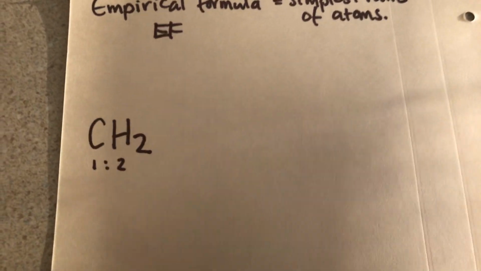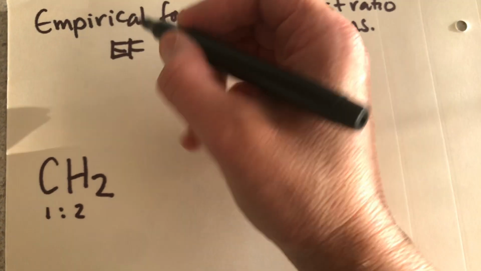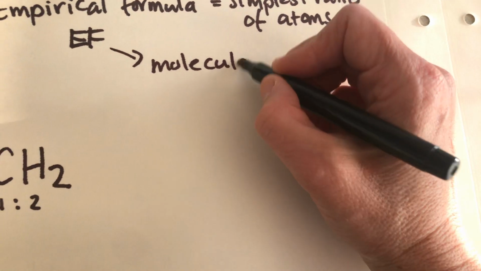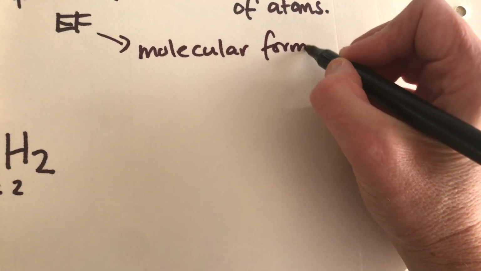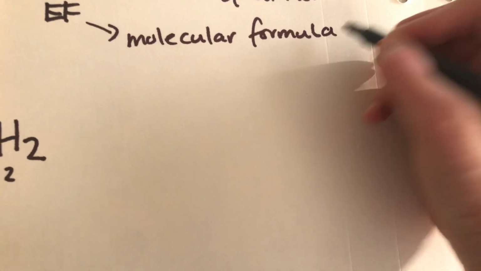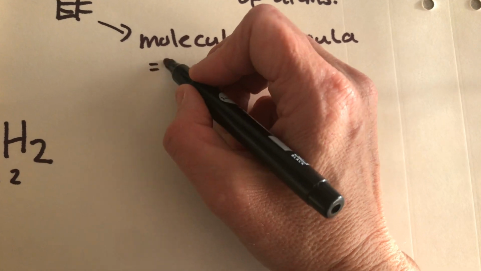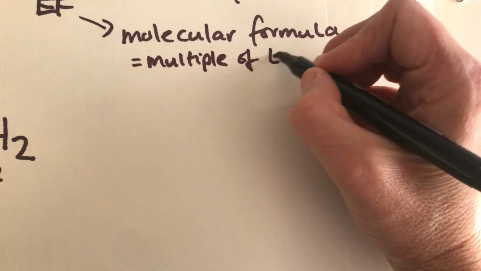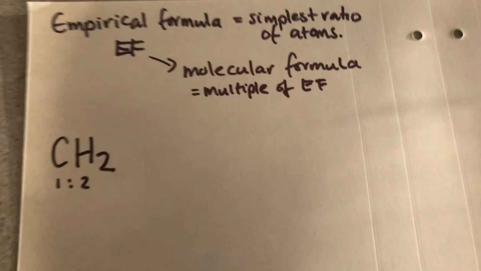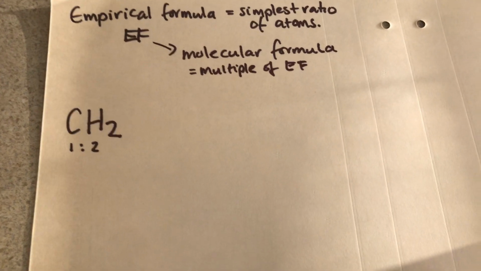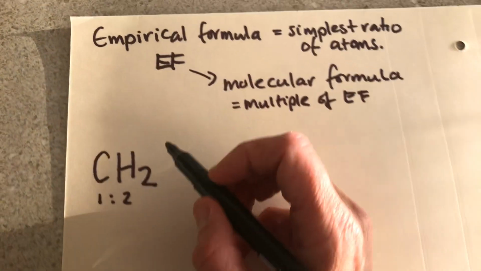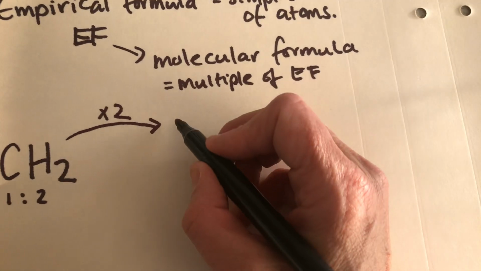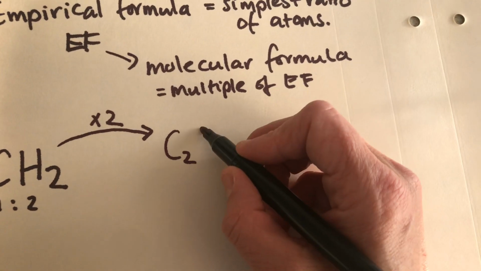But what we do know is that the actual formula, or the molecular formula, is going to be some kind of multiple of the empirical formula. Okay, so i.e. we're going to take this and we're going to multiply it by 2 or 3 or 4 or 5. So for example, if we multiplied it by 2, we would get 2 C's and 4 H's.